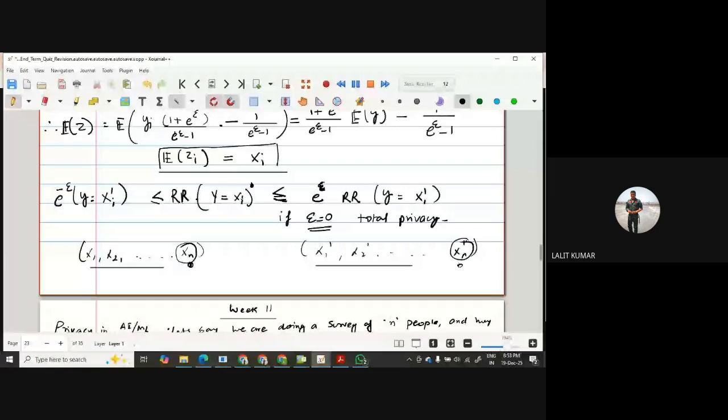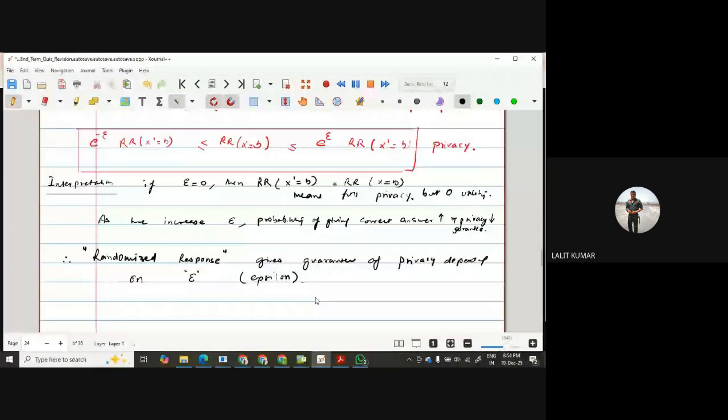So when we make epsilon equal to 0, these two data sets or responses look similar, and there is total privacy, but there will not be any utility. Utility will be very low. So this I have explained. Probability, you can see this x prime and all that. This I have done. Privacy.